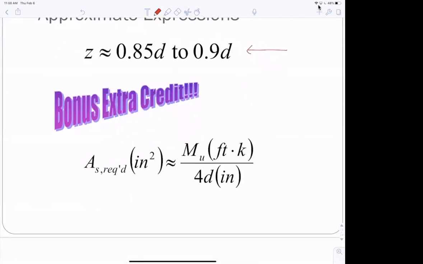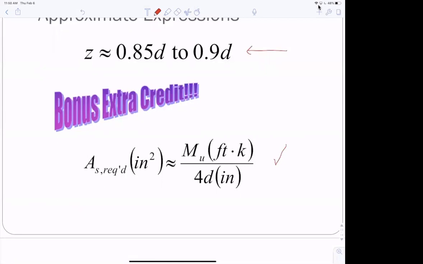And this is often what we have to do. We have the moment, we know the size of the beam, we want to know how much steel to put in it. If you take your Mu in foot-kips divided by 4d in inches, that will come out to the required amount of steel in inches squared. This is a pretty handy thing to know.